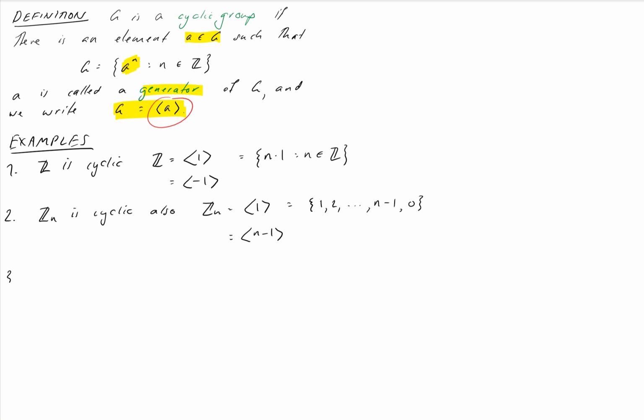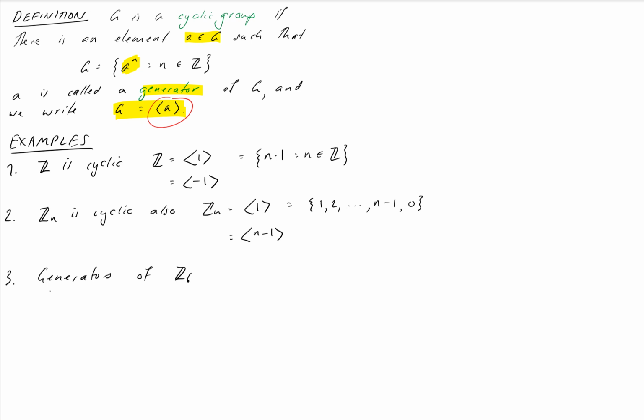Okay, so let's look at Z6, just to see how that works. Now we're not going to do anything clever here, we're just going to literally try each element out and see if it's a generator. Because there may be more than 1 and negative 1, or sorry, n minus 1, which for us will be 5. But let's see.